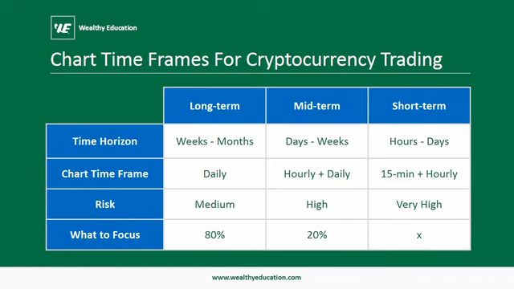If you want to be a highly profitable cryptocurrency investor, what I recommend is that you focus 80% of your time, money, and energy into long-term investments, and 20% in midterm investments. And make sure you stay away from day trading unless you master all technical trading techniques and you can afford to lose your money.